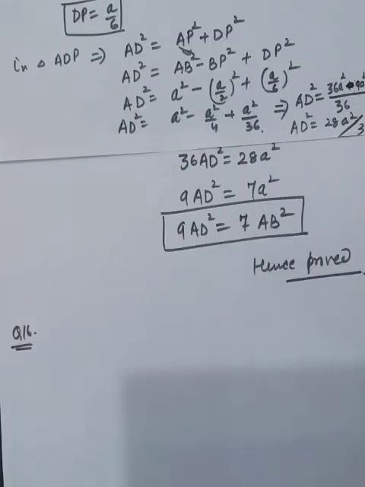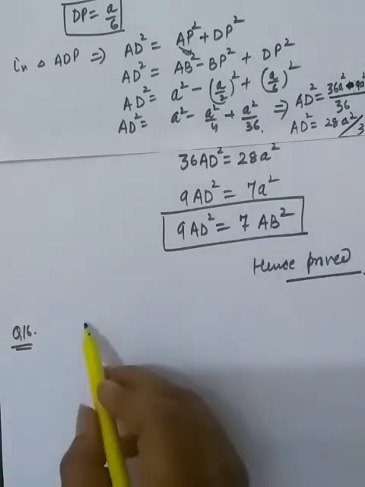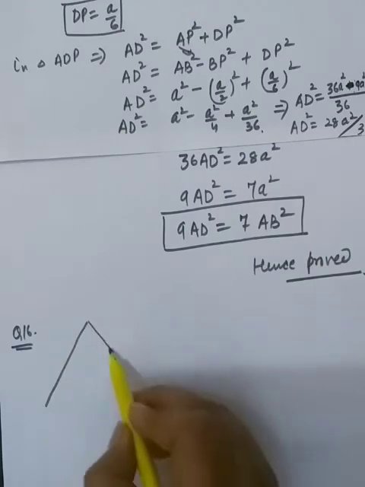Next, question number 16. In an equilateral triangle, prove that 3 times the square of one side is equal to 4 times the square of one of its altitudes. Again in this question, the triangle is an equilateral triangle, so we have to draw the figure of an equilateral triangle.